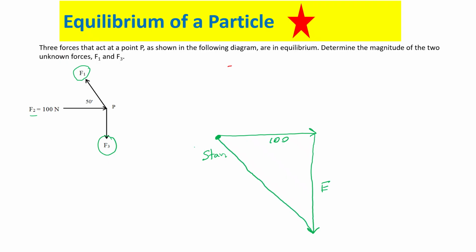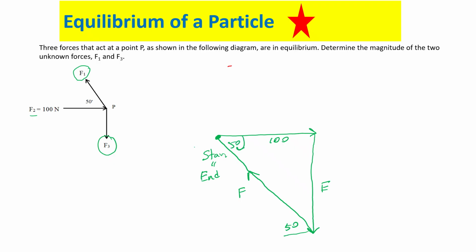Why is that? Because start should equal the end. Equilibrium means you don't have a gap between start and end. No resultant force. Start to end gap will give you the resultant. So equilibrium means no resultant. So this angle we have as 50, and this is 50 as well.